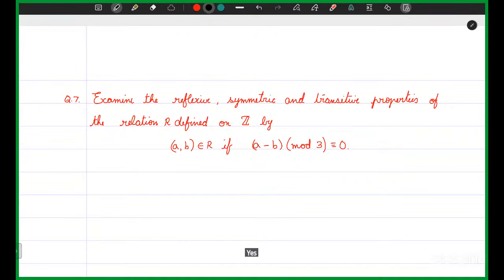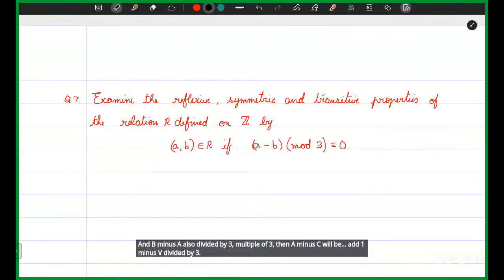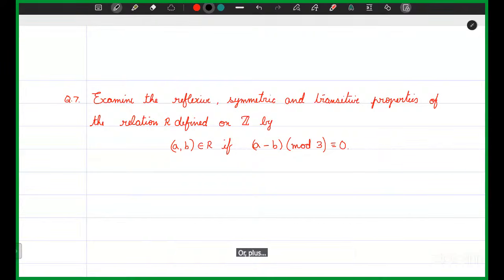And transitivity: a minus b is divisible by 3, a multiple of 3, and b minus a is also a multiple of 3. Then a minus c will be a minus b plus b minus c divided by 3, given a multiple of 3.